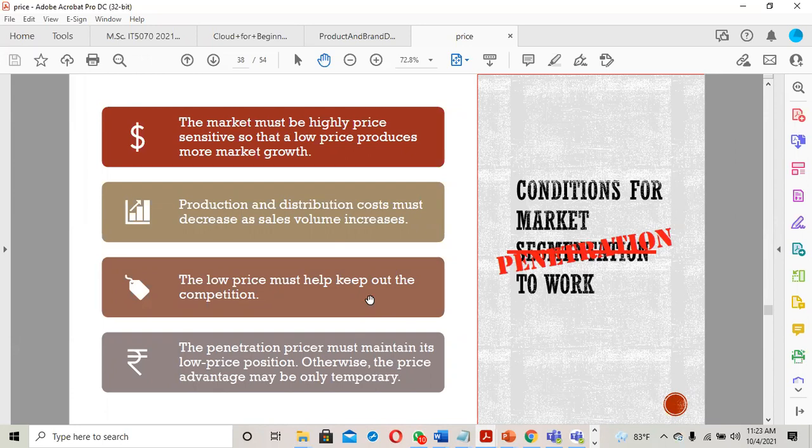And the penetration pricer must maintain its low price position. Otherwise, the price advantage may only be temporary. Many of the vendors in Sri Lanka, for example, have this huge problem. Once they realize that their product is really selling in high amounts, they tend to increase the price at shorter intervals.